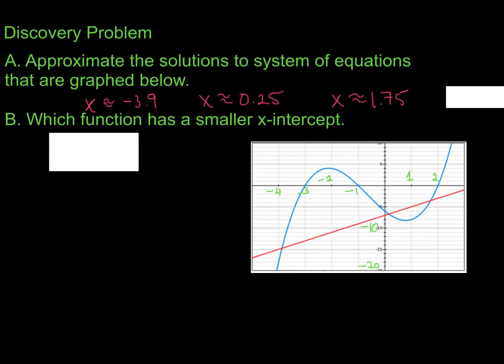And while we can see all the places where the blue function intersects the x-axis, we actually know that the linear function won't intersect till farther on past +2. And so since the blue function has an x-intercept at -1, we know that that's going to be the function that has the smaller x-intercept.